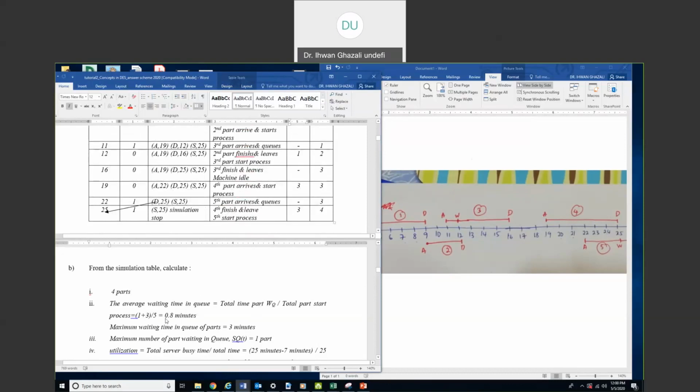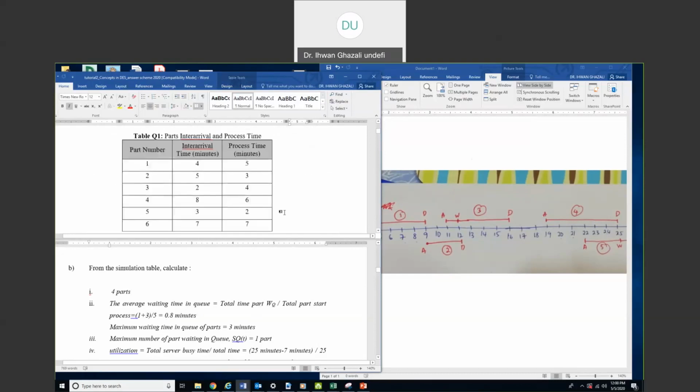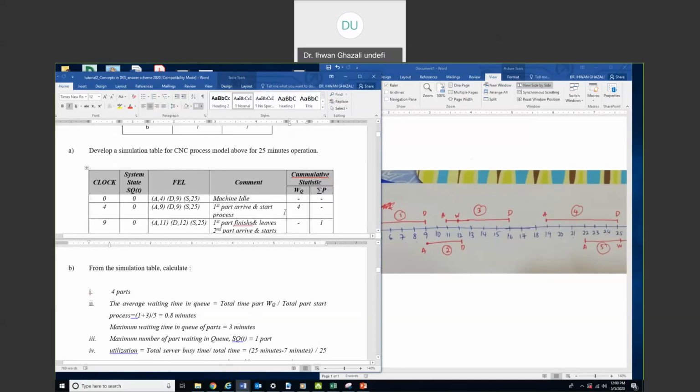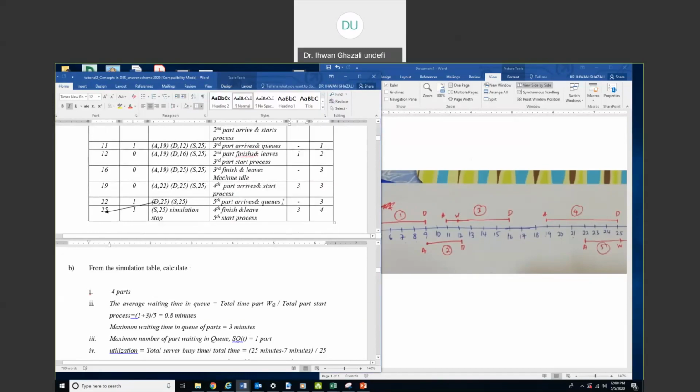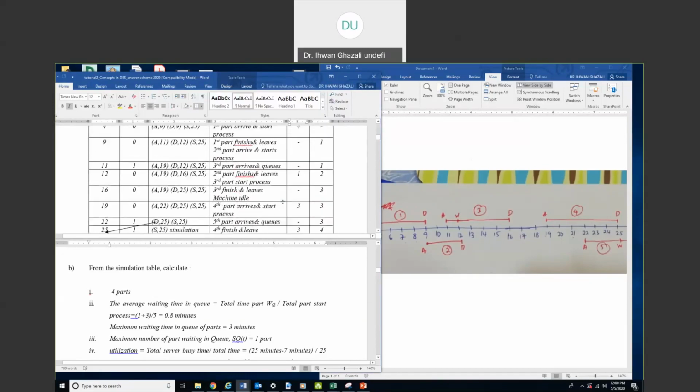Over 5 is obtained from the total parts that start process. Total parts that start process.